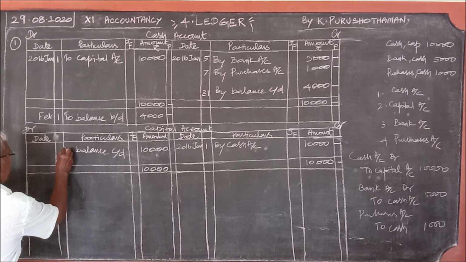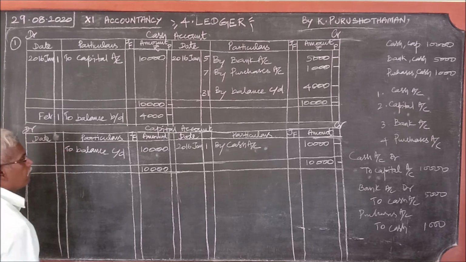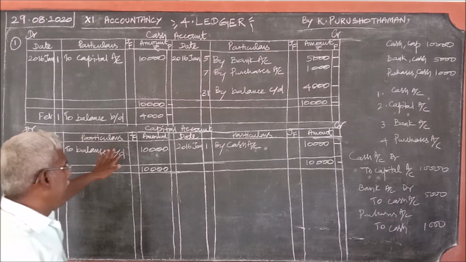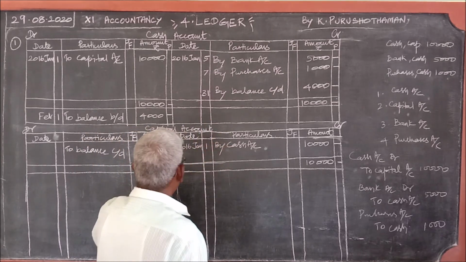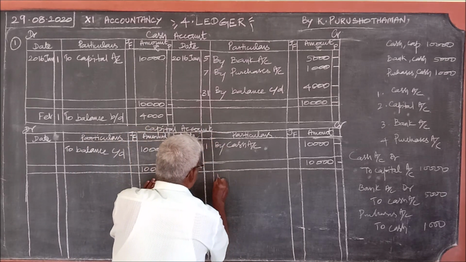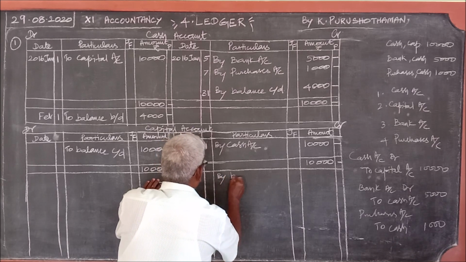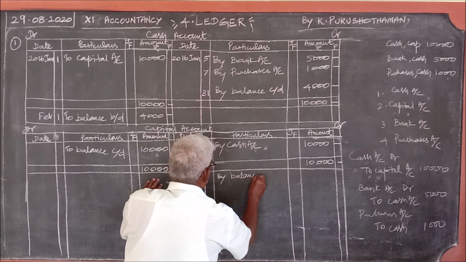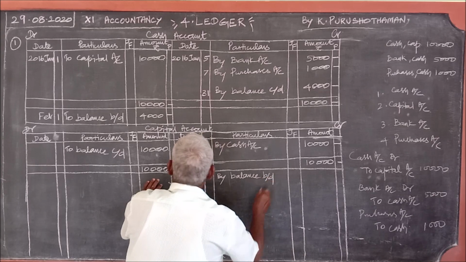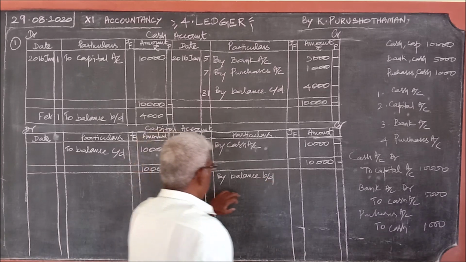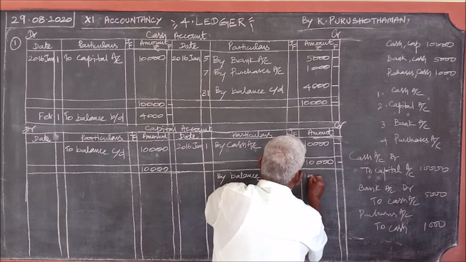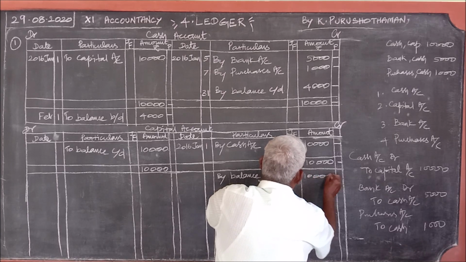Since this is the debit side, you write "to". To balance carried down. Then on the opposite side, balance brought down, since it is the credit side, you write "by". The carried down amount is the same amount here.